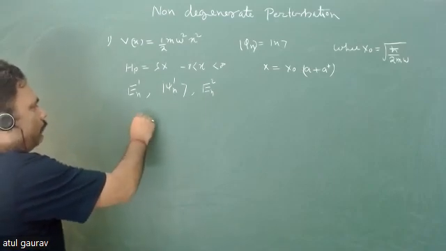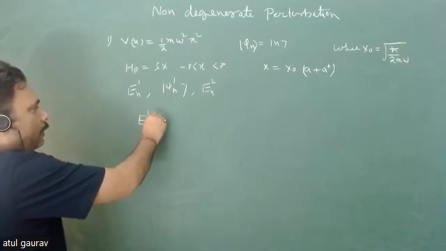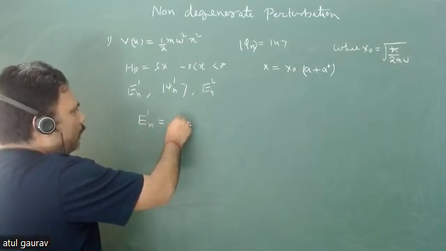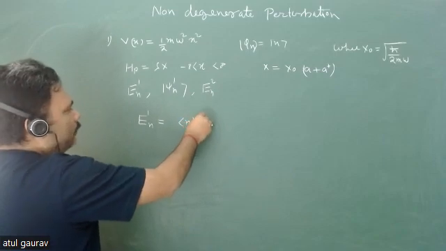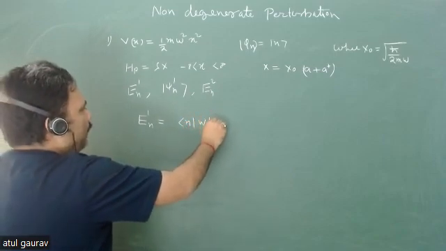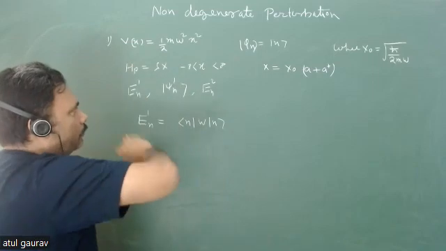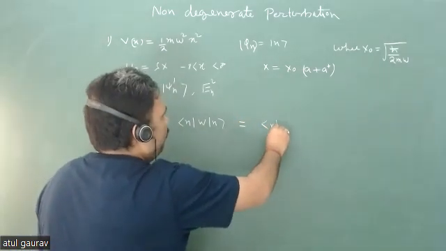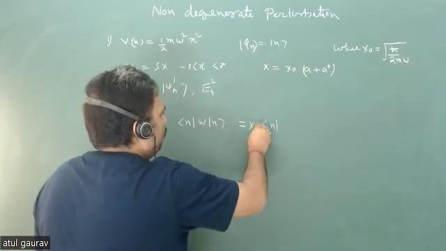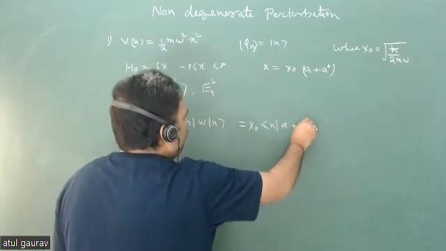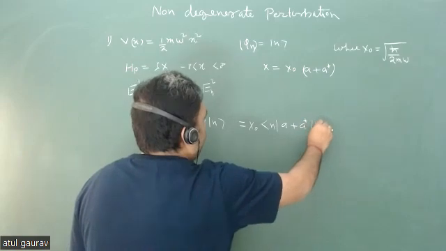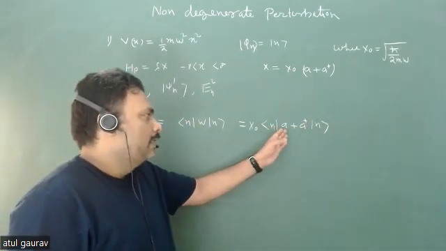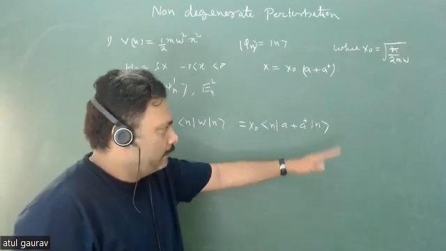So when we are going to find En1, that value is equal to <n|W|n>, and here I can assume W is x. So this value is equal to <n| x naught (a plus a dagger) |n>. Now you can see that a will operate on n, that will give n minus 1.